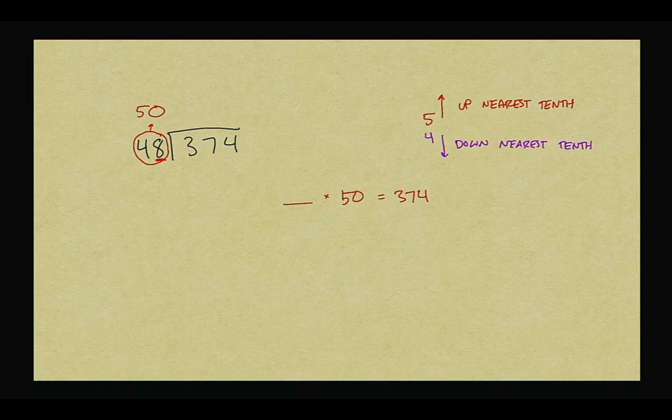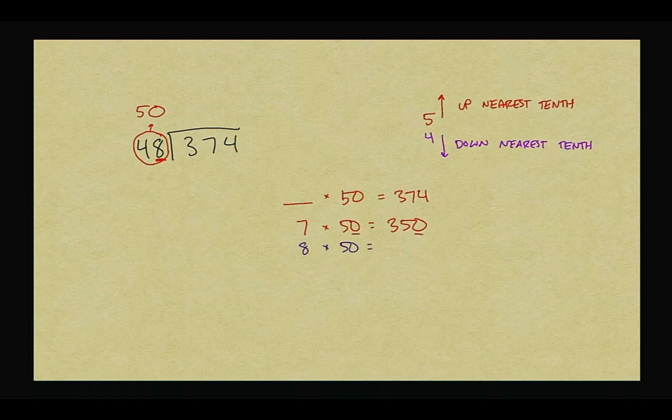Well, in this case, the closest we can get to 50 is 7. If I take 7 times 50, I already know 7 times 5 is equal to 35. So that means 7 times 50 is 350. We just add the 0 at the end there. I can check just to make sure by looking at 8 times 50.